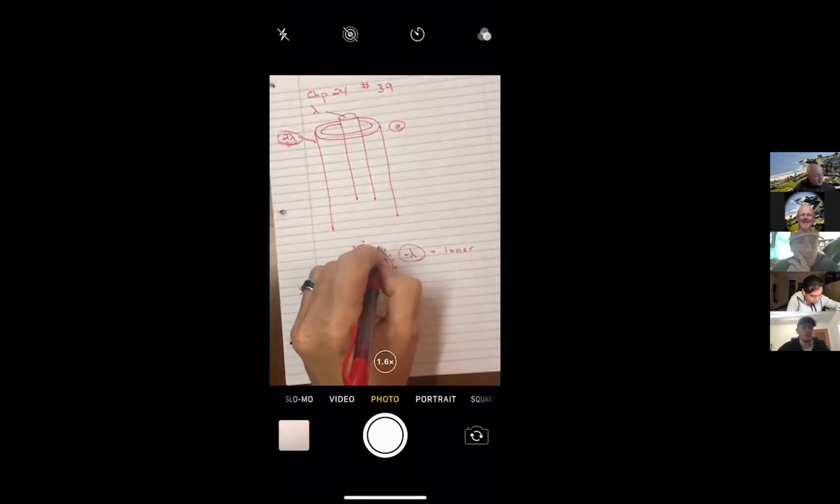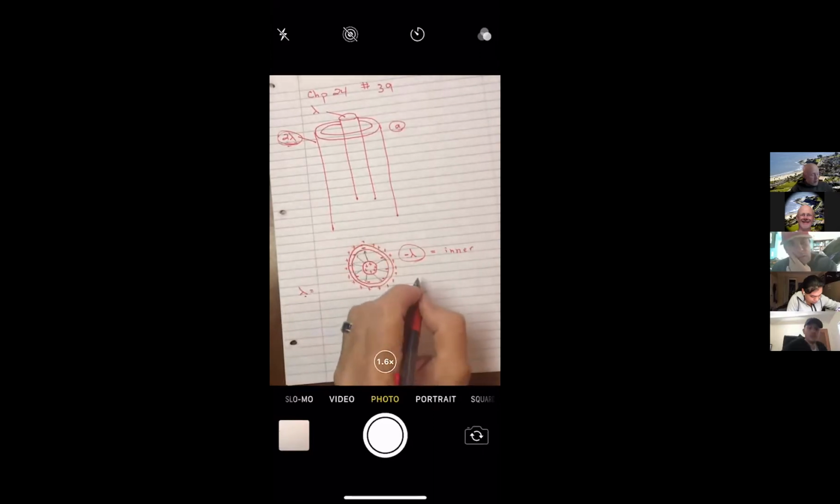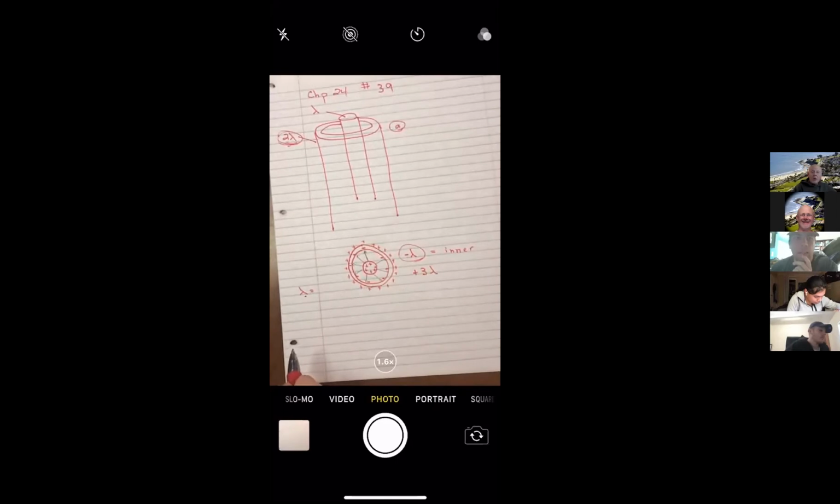And on the outer, it'd be positive lambda? Well, positive 3 lambda, because it needs to be 2. The whole thing needs to be a positive 2 after I do everything on the cylinder. If the cylinder was neutral, then it would be what you said. It would be a positive.